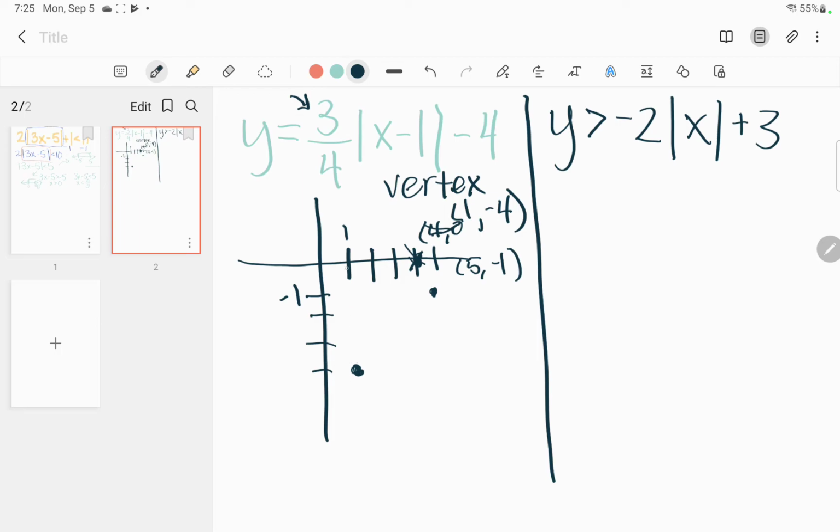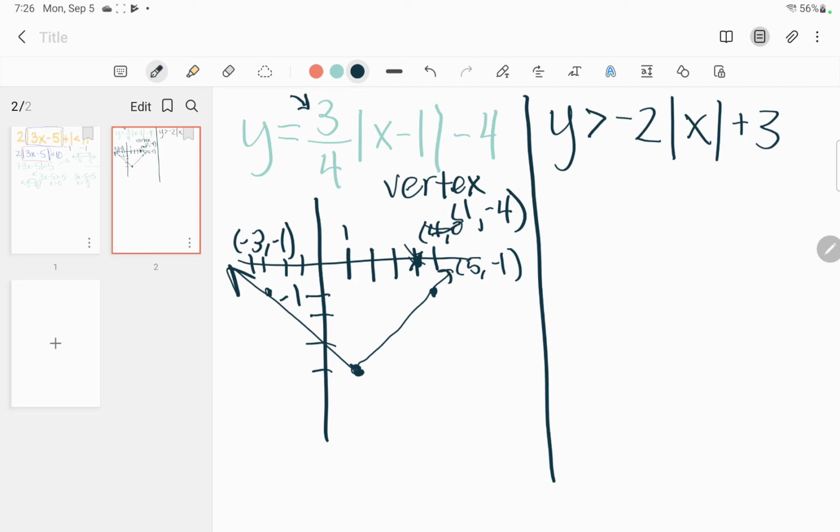And then reflecting, because this is a symmetric function, going up 3 and over 4. That brings me to -3, -1 for my reflected point. So there's my graph of my absolute value function.